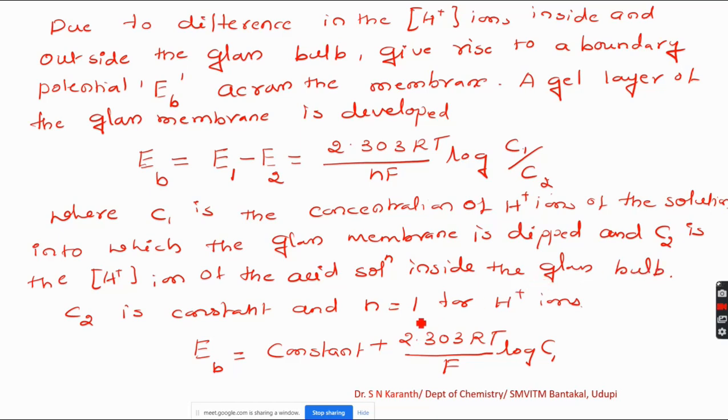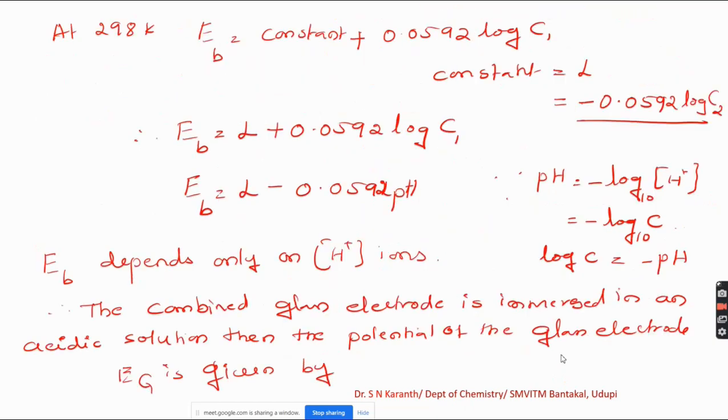Here C2 is a constant and N is equal to 1 because we use H plus ions. So Eb becomes equal to constant plus 2.303 RT by F log C1. At 298 Kelvin, the equation becomes Eb equal to constant plus 0.0592 log C1, where the constant can be represented as L, that is equal to minus 0.0592 log C2.